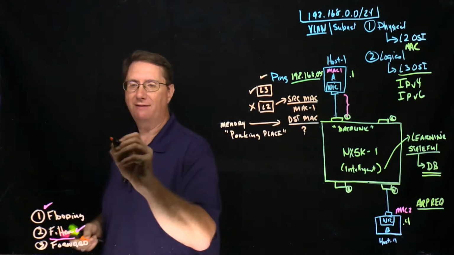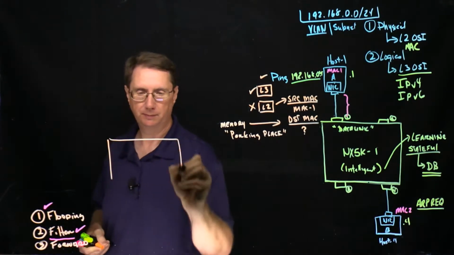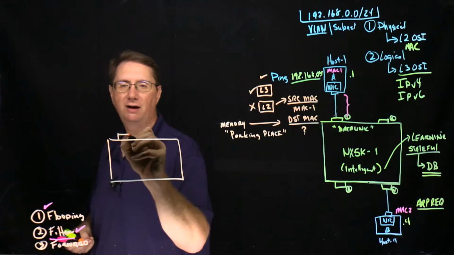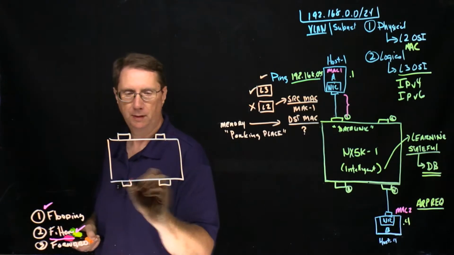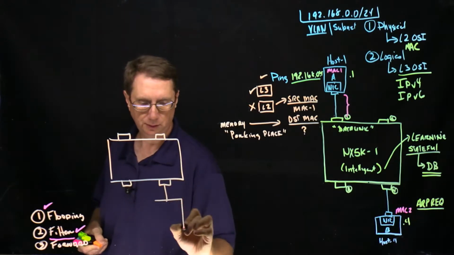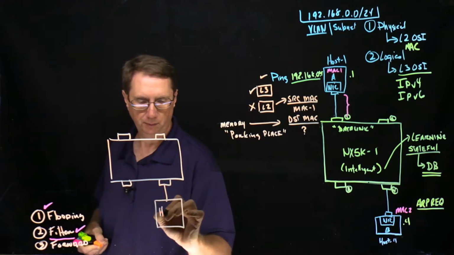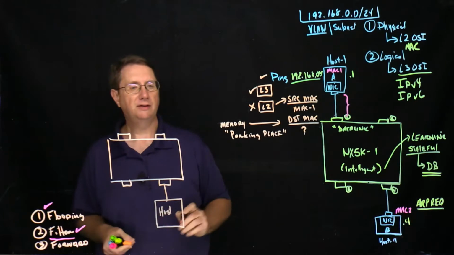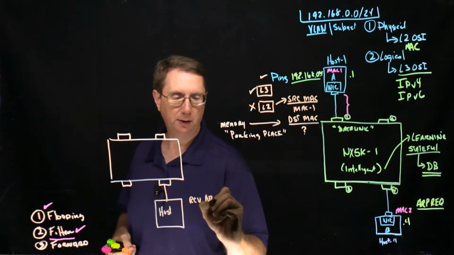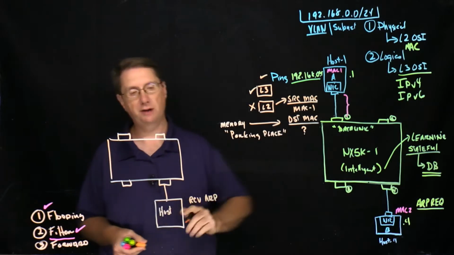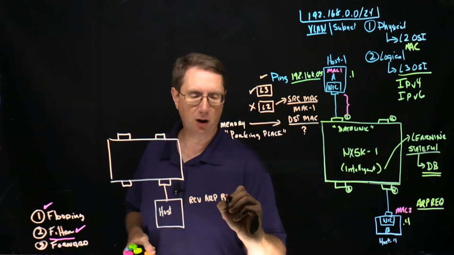So now we have our switch. We have our interfaces. We have our host. And this host has received the ARP request. Now I want to look at this ARP request.